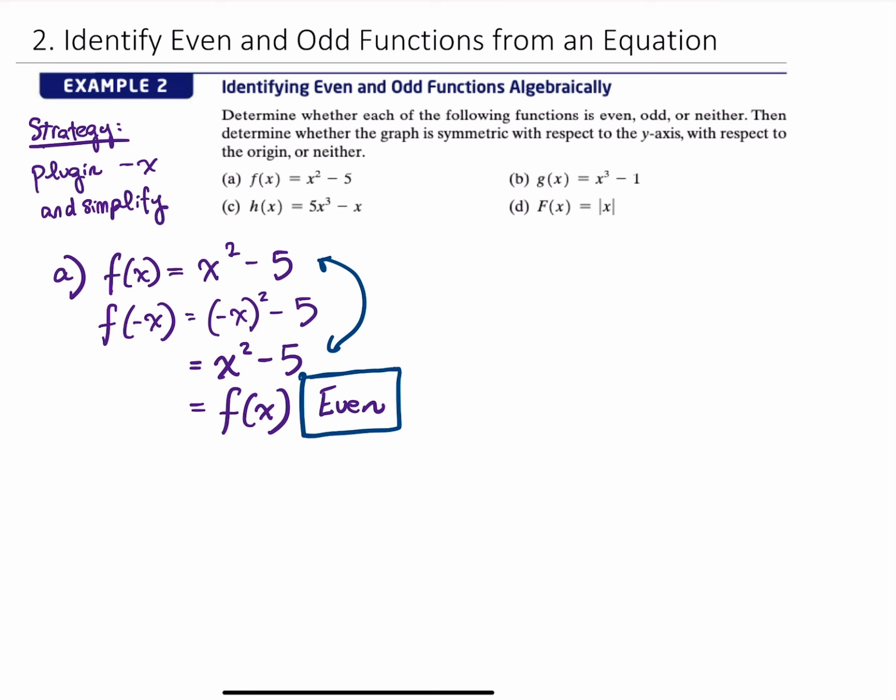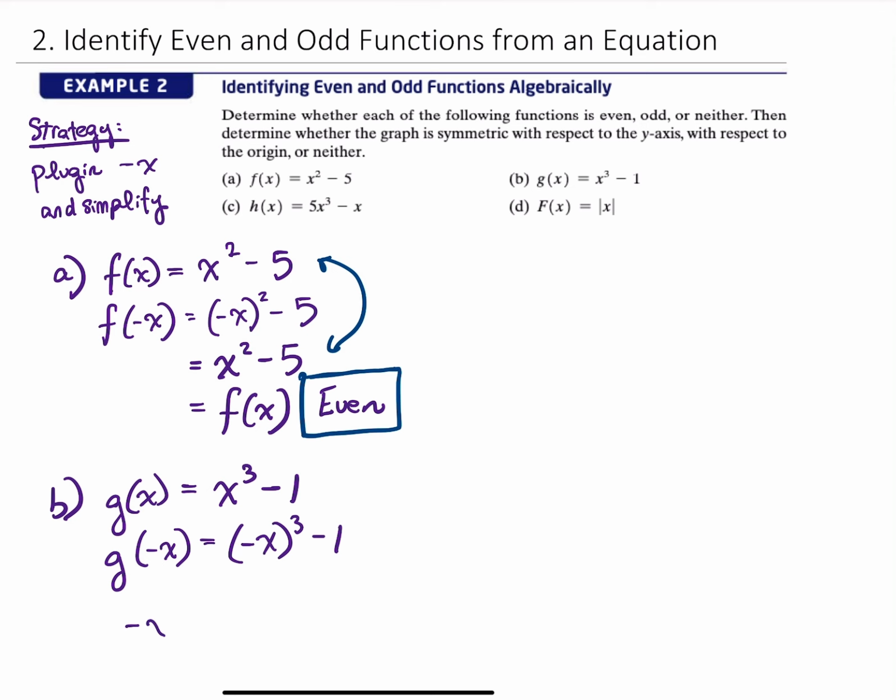All right, next up is B. So this says g of x is equal to x cubed minus 1. So let's plug in negative x. So g of negative x will be negative x cubed minus 1. For odd powers, it's going to preserve the negative.